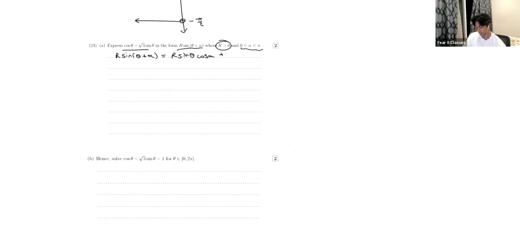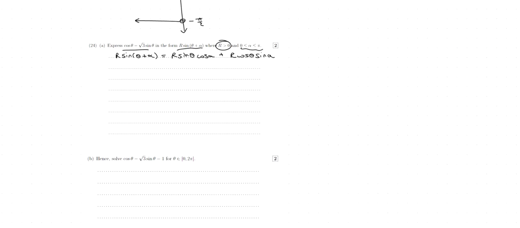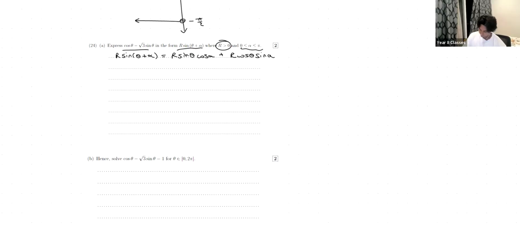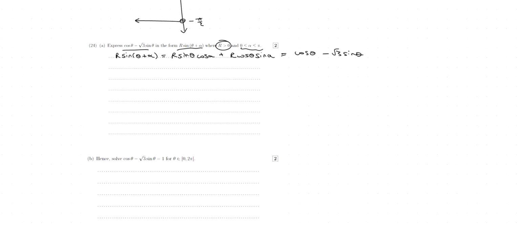And what is this going to be equated to? Cos theta minus √3 sine theta. Yep. Okay. And where do we go from here? And then you make r sine theta.